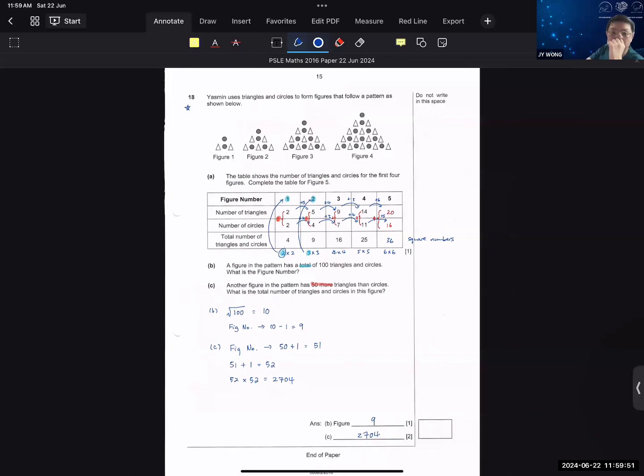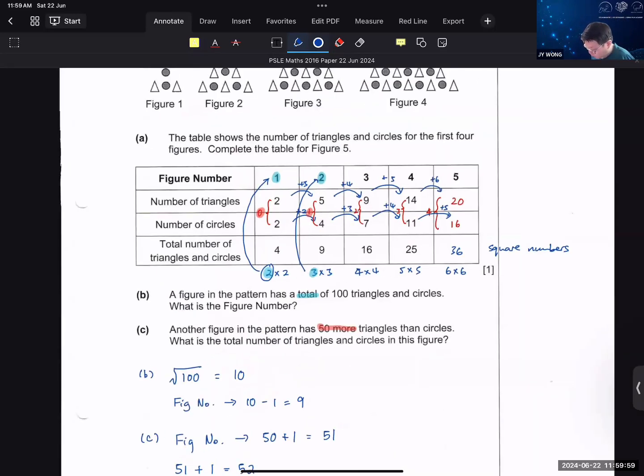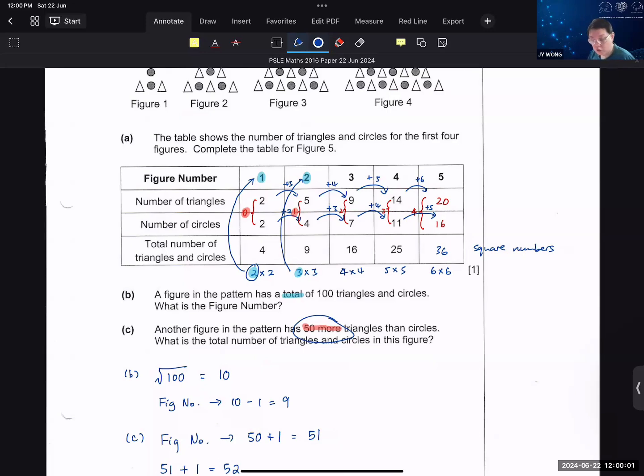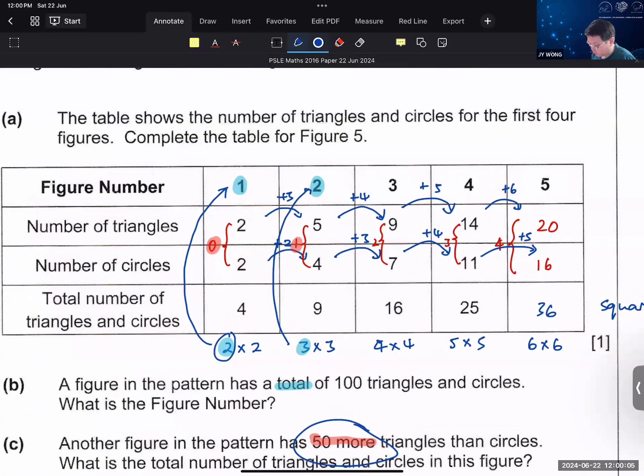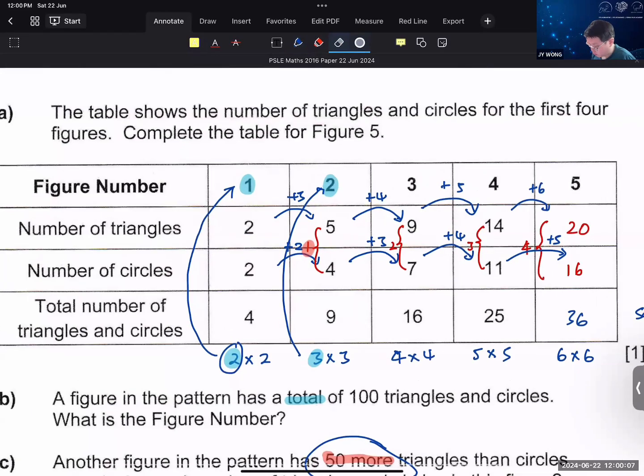Why do I take 50 as the pattern number? The difference here is 50. That is not my pattern number. What do you notice about the difference in figure 1? Jonathan, what's the difference in figure 1?